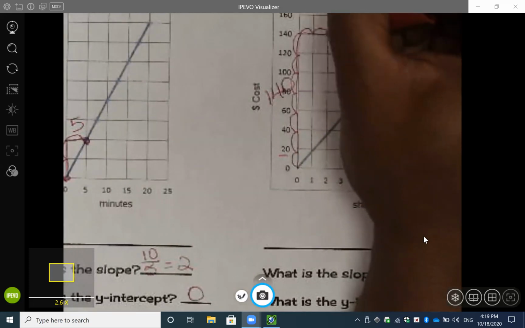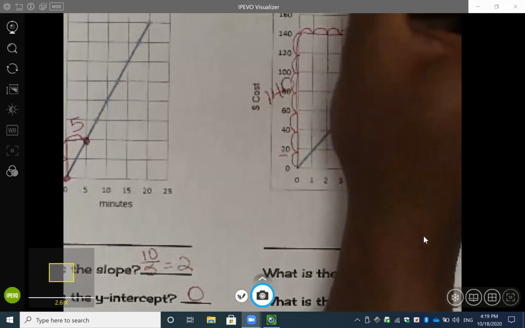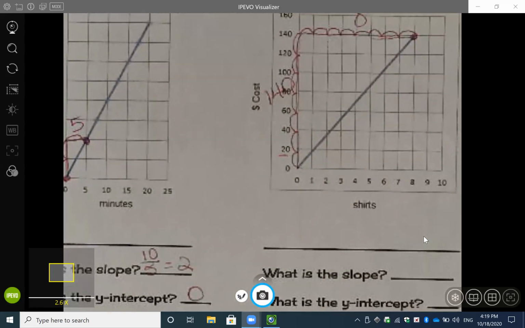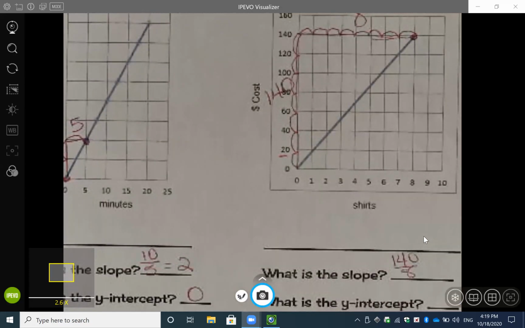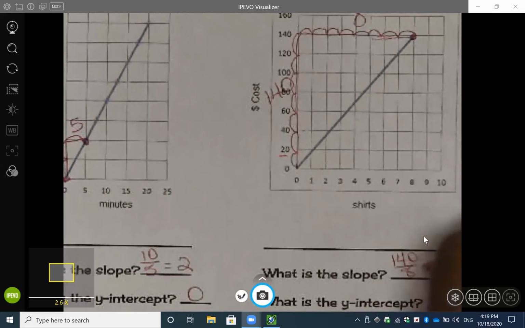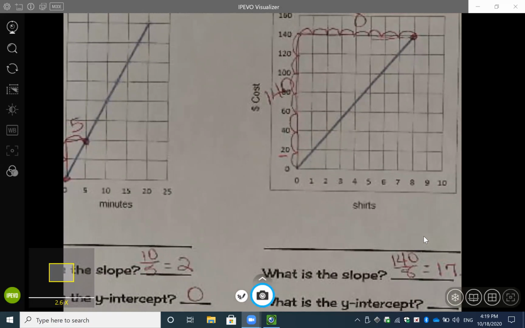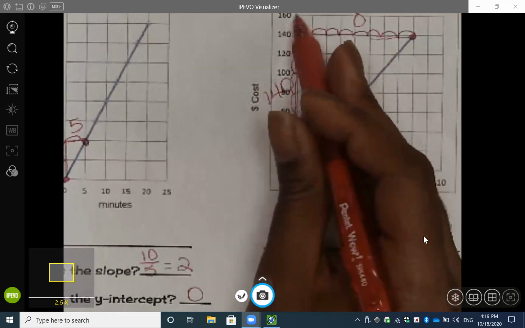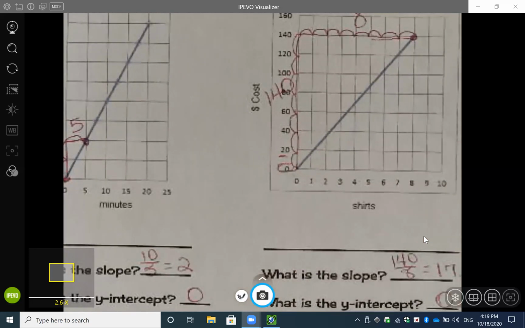So 1, 2, 3, 4, 5, 6, 7, 8. So I ran 8. My slope is 140 over 8, which is the same thing. If I was to simplify it or get the unit rate, I would do 140 divided by 8, which is $17.50. My y-intercept is where my line crosses on the y-axis, which is at the 0.